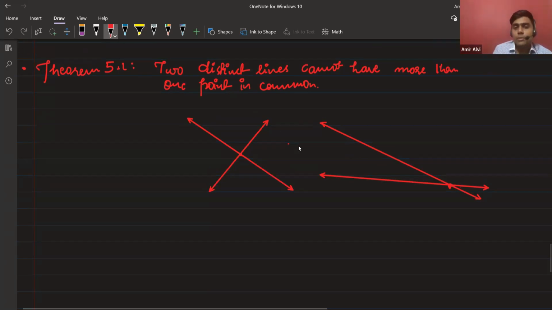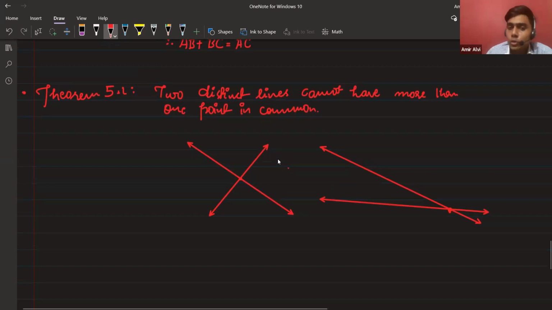Now Simrat, tell me, if there are two common points of intersection of two distinct lines, which is not possible, suppose it is possible, which axiom will be violated? Given two distinct points, only one line can pass through them. Yes.